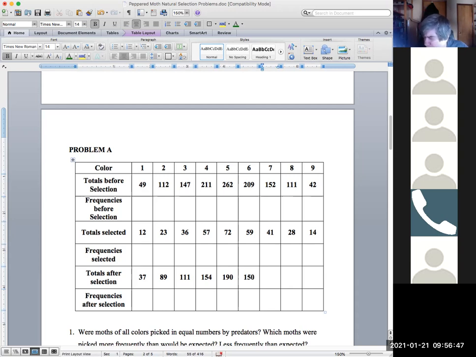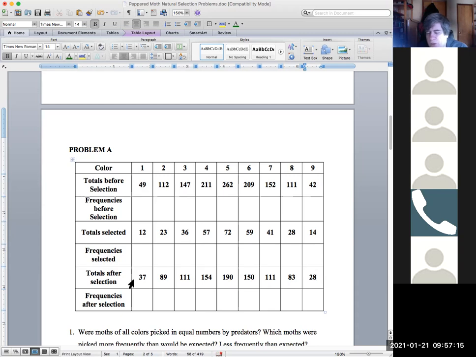Number 7, we begin with 152, 41 get eaten. So we've got 111. Number 8, we start with 111, 28 get eaten. So we have 83 of this color left. Number 9, the darkest color, we have 42 at the beginning. We have 14 get eaten. So there are 28.